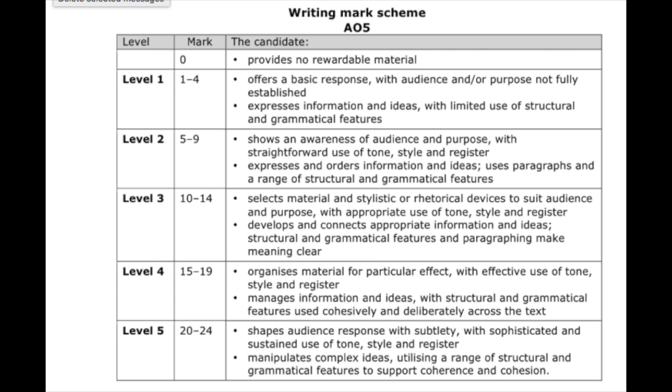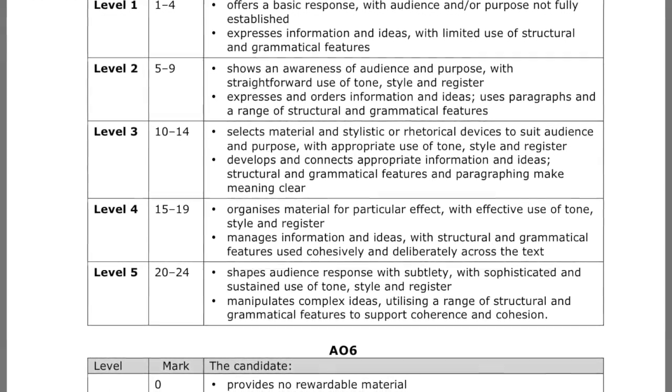If you look here, these are the assessment objectives, and you've got AO5, which goes from level 1 to level 5, ranging from offering a basic response and expressing information and ideas with limited use of structure and grammatical features, all the way up to shaping audience response with subtlety and sophistication, sustained use of style, tone and register, and manipulating complex ideas, which I think is what I probably did.